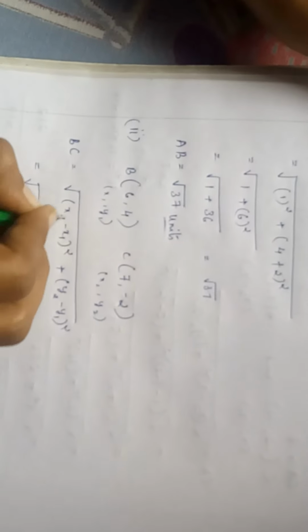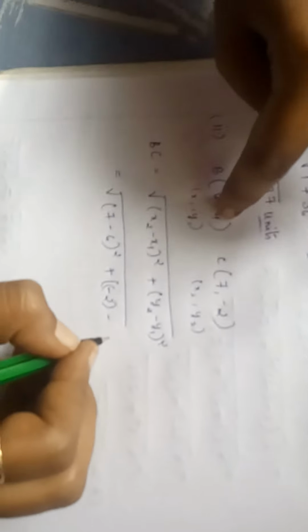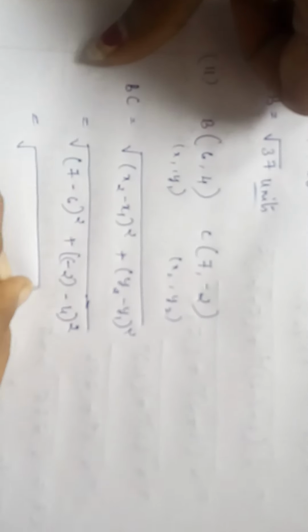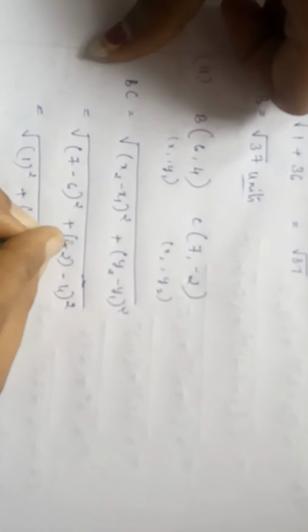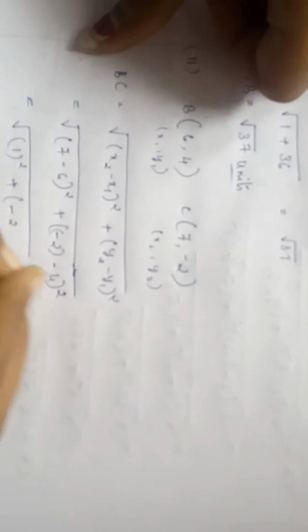That is square root of (7 minus 6) whole square plus (minus 2 minus 4) whole square.